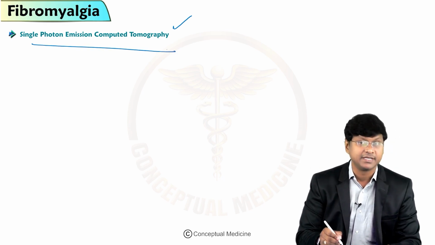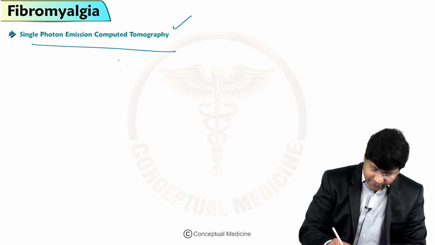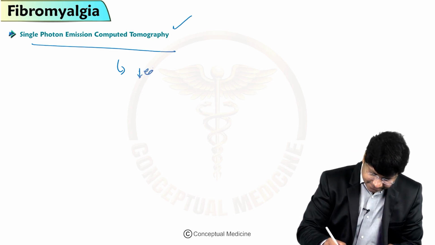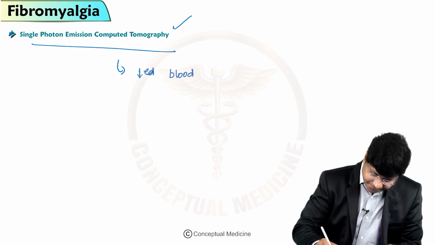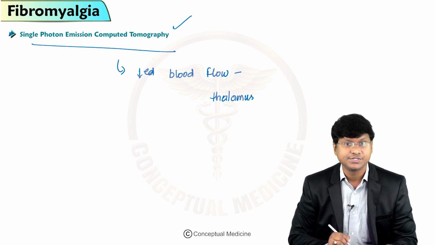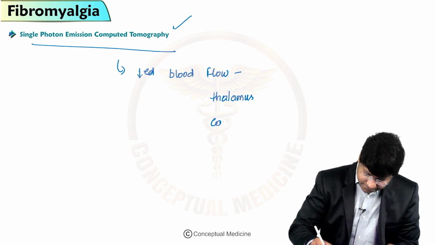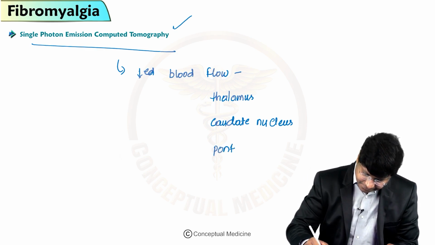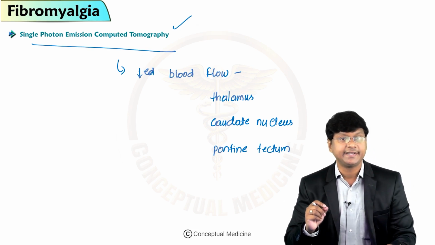When you do a SPECT, it will demonstrate reduced blood flow to the thalamus, reduced blood flow to the caudate nucleus, and reduced blood flow to the pontine tectum.